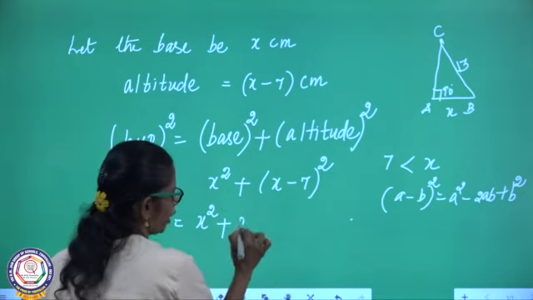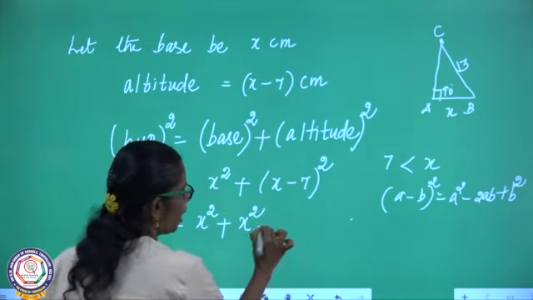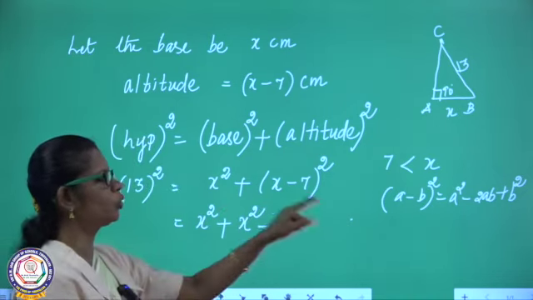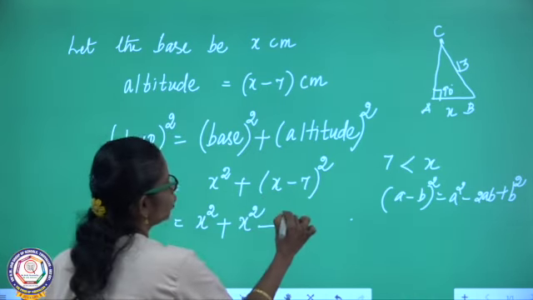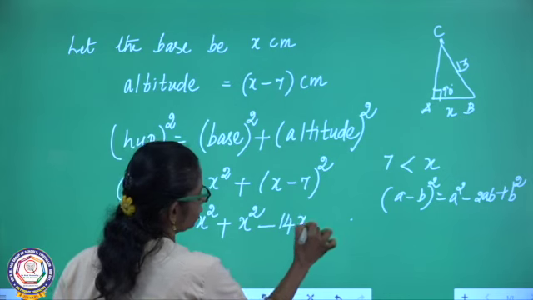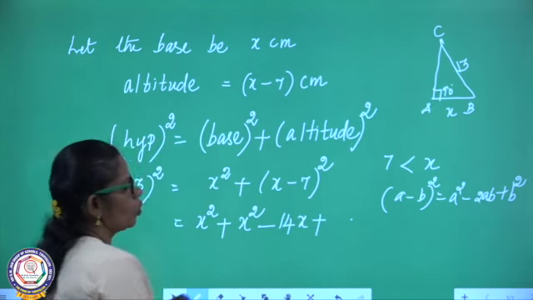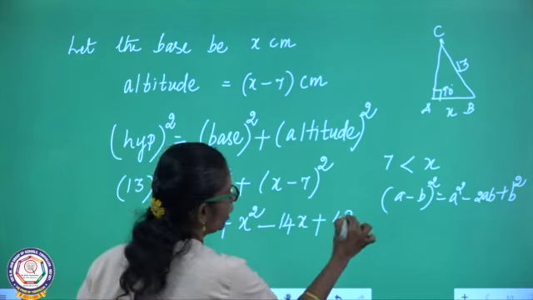So what I will get? x square minus 2 into a into b, that means 2 into 7 into x, 14x, plus b square as 49.